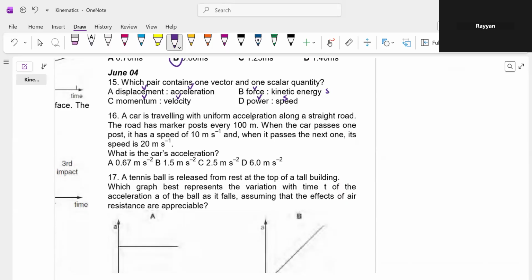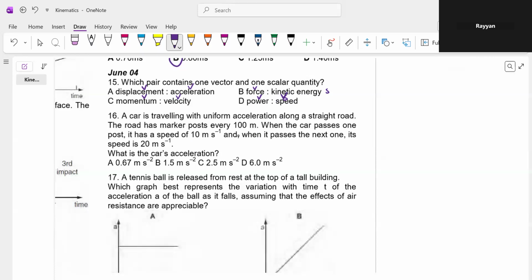But it can't be B if it's D. Yeah, that's why I'm saying we need to choose one option from this. I think it's D. Speed in terms of velocity, we can check it as a vector, right? But kinetic energy, you don't have any alternative, that will always be scalar, isn't it?